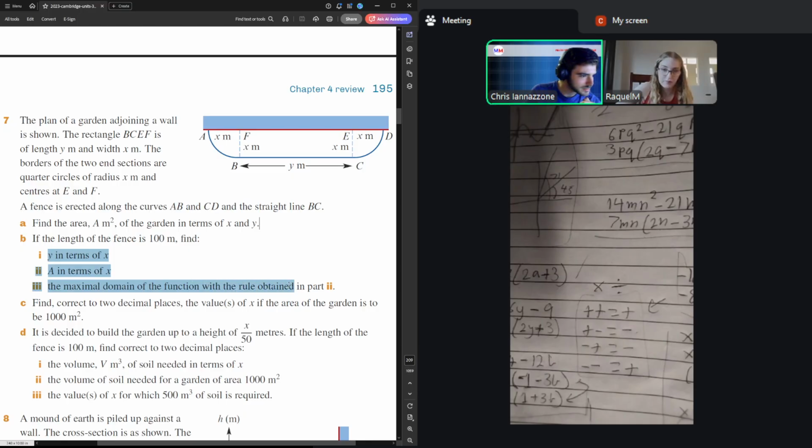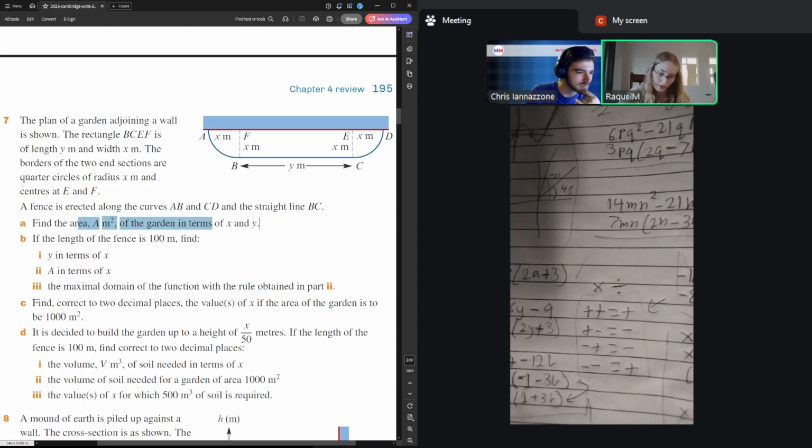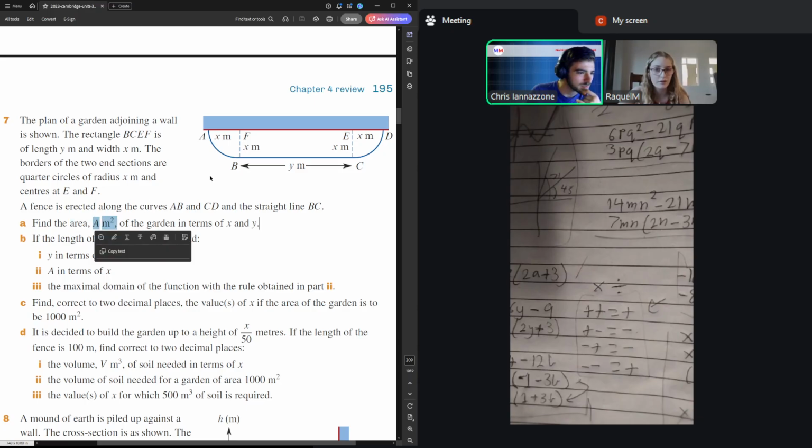You might have needed to put meters squared on the equation, but that kind of confuses things when you put it on an equation. Usually you don't give units to an equation, but it does say meters squared, so I guess you would probably want to do that. Same thing here, V meters cubed.